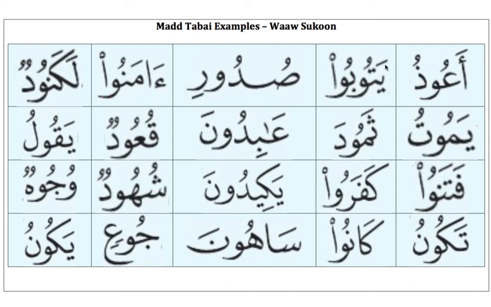Next we have ya fatha ya, ta dhamma waw sukun tu, yatu, ba dhamma waw sukun bu, yatubu. Okay, if you remember one of our previous lessons, this is an alif, but with a sifr on it.